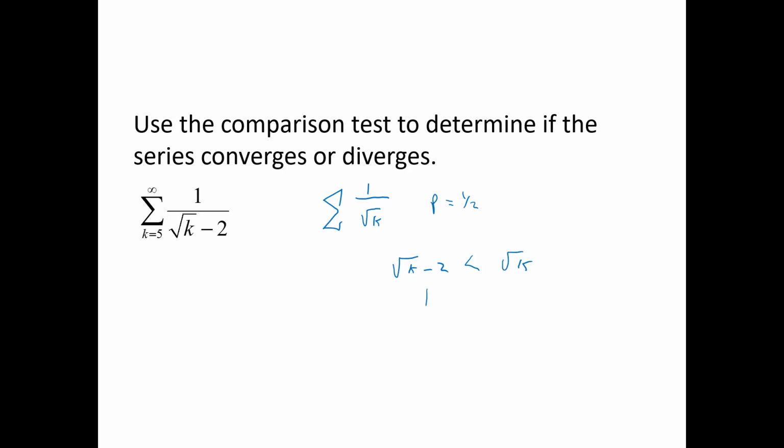And then when I flip it, 1 over the square root of k minus 2 is bigger than 1 over the square root of k. So we've just shown that the terms of this series are bigger than the terms of this series, and this series diverges. Therefore, the series of 1 over the square root of k minus 2 diverges.